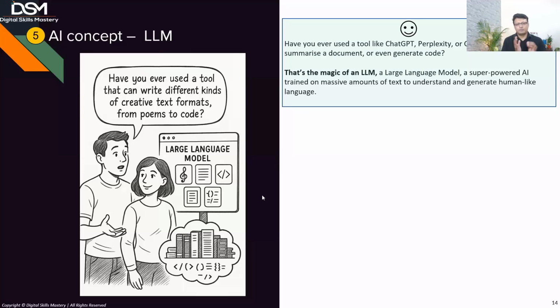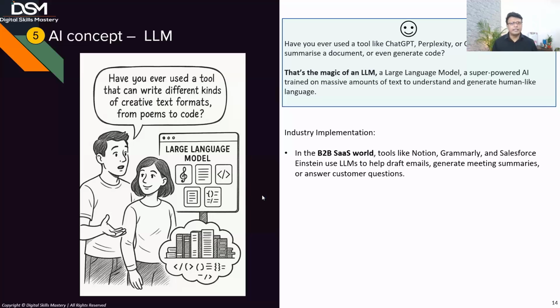A large language model is a superpowered AI trained on massive amounts of text to understand and generate human-like language. Imagine all the libraries of the world, all the millions of books across the world, fed into the LLM to understand the patterns of the English language. And probably some tools like Grammarly are based on this, and that's the power behind it. Now, how LLMs come into industry implementation: we saw these tools in the session yesterday, and how they help us, like Notion, Grammarly, Salesforce Einstein.